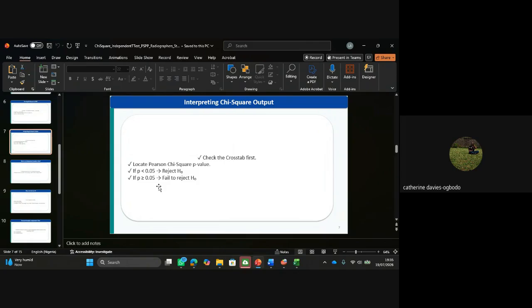But if it is greater than 0.05, then we fail to reject the null hypothesis. Okay, so if you go back here, you see that your p-value is 2.94, and that is obviously greater than 0.05.